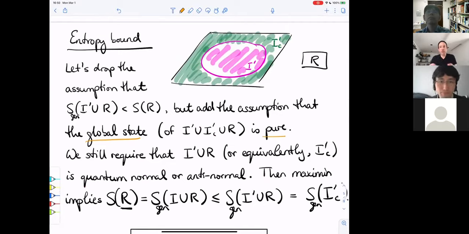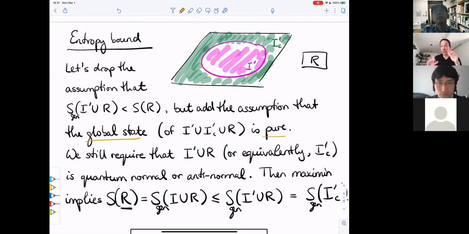Okay. I want to say a few more words about an entropy bound that can be derived by very similar reasoning. So it's in the same paper. We're going to vary slightly the assumptions. So what I'm going to do now is drop the assumption that this candidate region I prime together with R has less entropy than R. Let's forget about that.